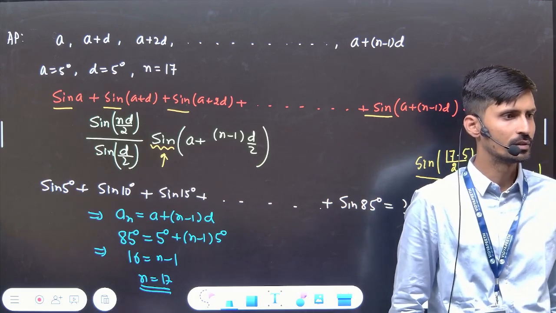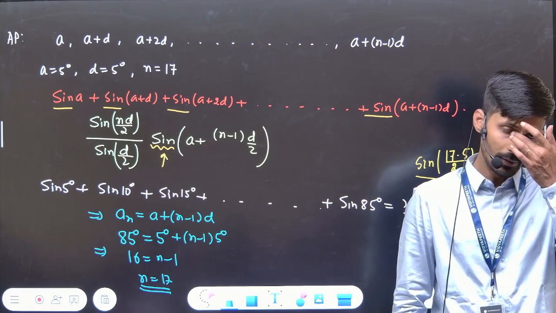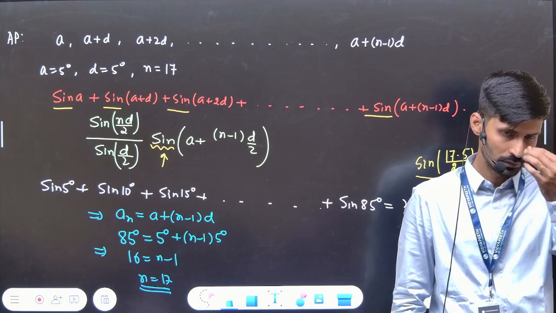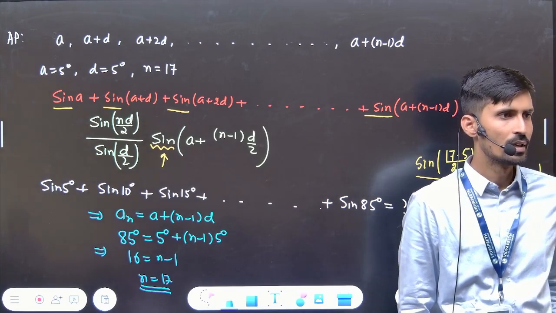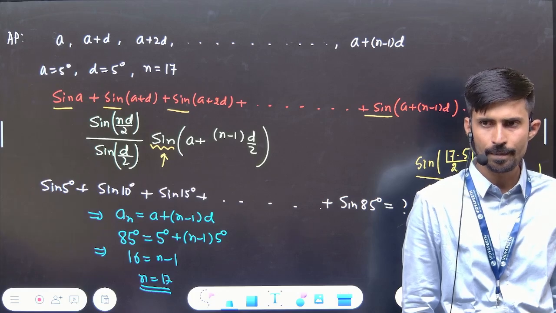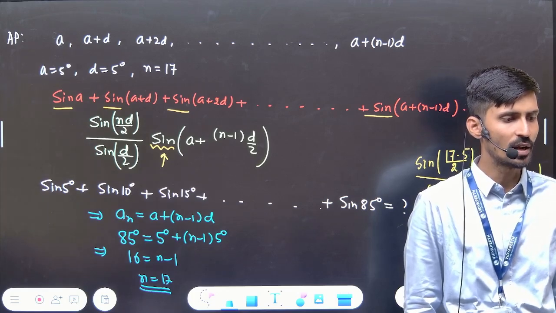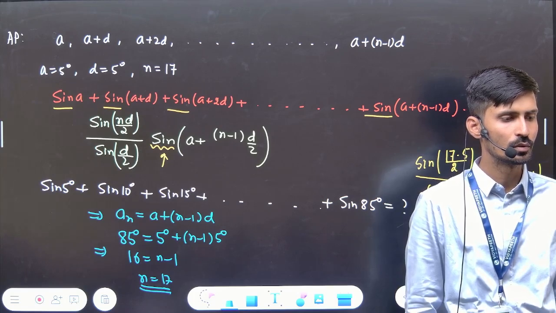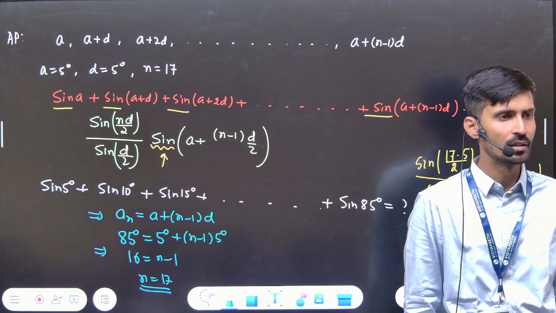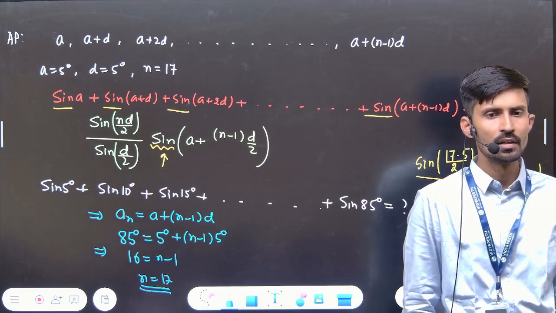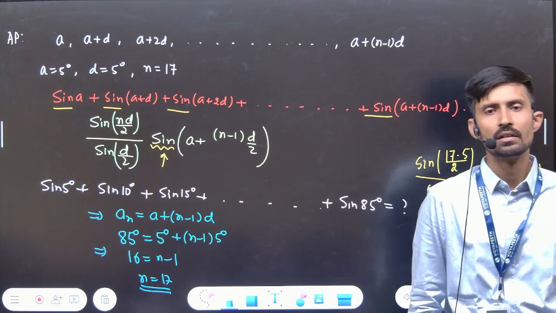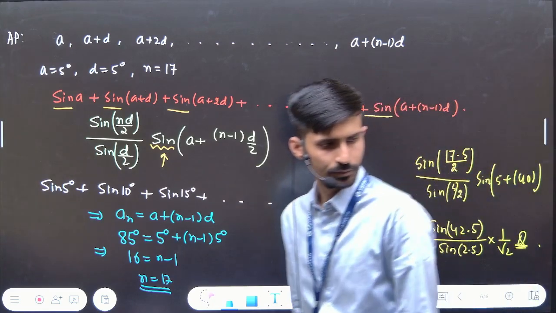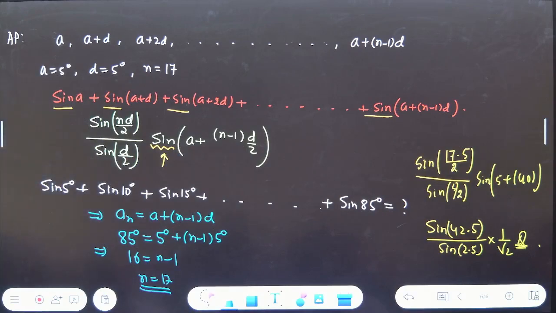Find the value of sin square 1 plus sin square 2 plus sin square 3 dot sin square 359. From sin square 1 to sin square 359, we have to find its addition.